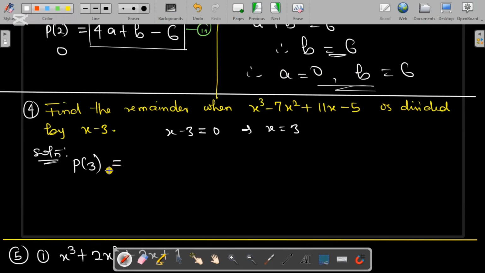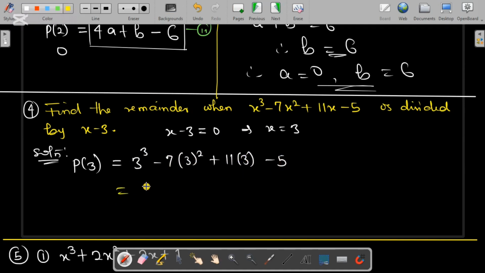So we are substituting our x as 3. I know that some of you would want to go and divide this by this. Of course, you get the same answer, but that's going to take you longer time. So just substitute 3 raised to power 3 minus 7 into 3 squared plus 11 times 3 minus 5. Okay, and you are done.